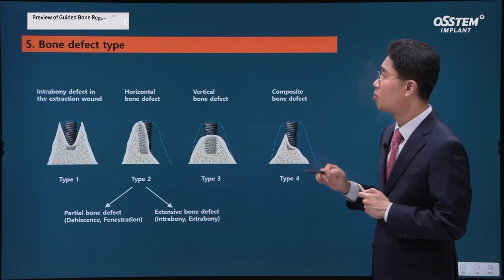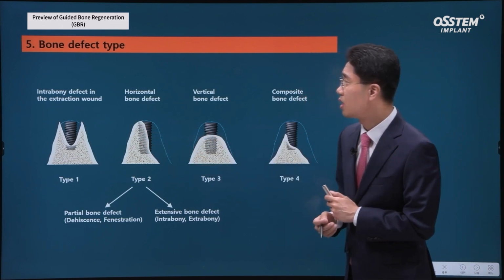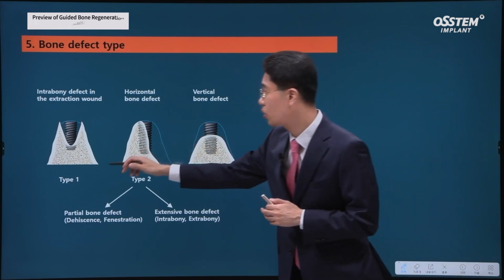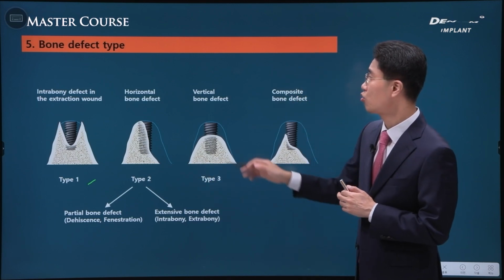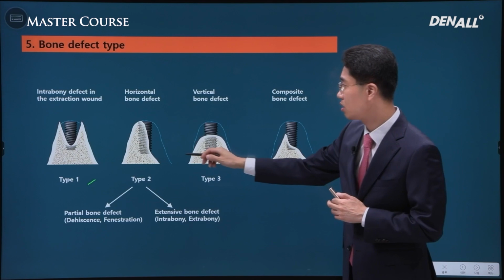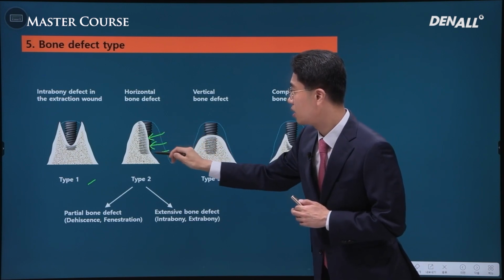Let's look at the types of bone defect. On the far left is the extraction socket with intact walls. Second, there's a horizontal bone defect. In other words, horizontal resorption has occurred.